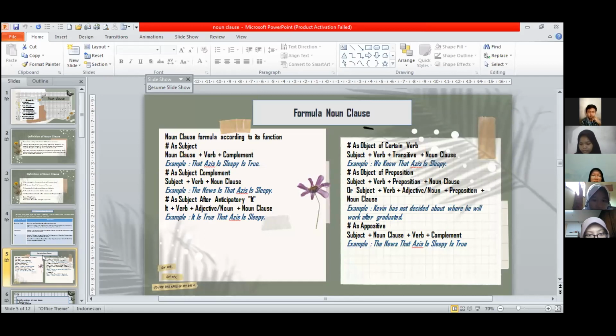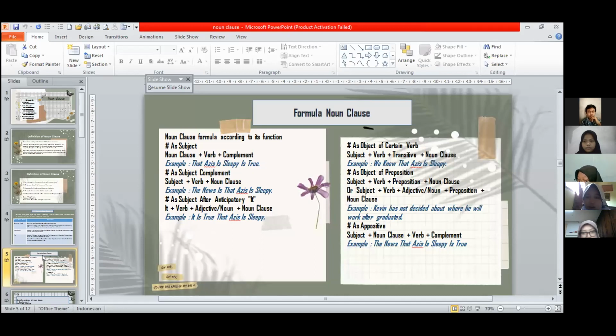Example: the news is that Aziz is sleepy. As the subject after anticipatory it: it plus verb plus adjective or noun plus noun clause. The example: it is true that Aziz is sleepy.